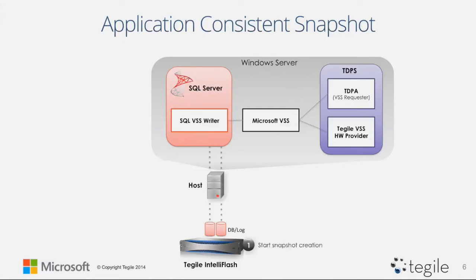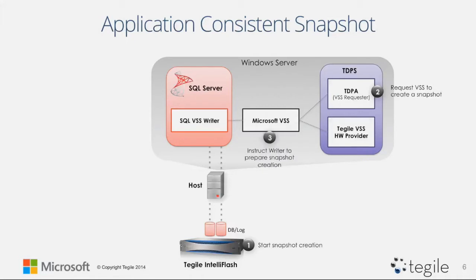And it starts by you as a system administrator, a storage administrator, or a DBA, starting a snapshot on the array. This will take a series of all of the data files, log files, multiple LUNs, however you have the database spread across the different drives or volumes, and it will request a VSS snapshot on the host from the VSS framework.